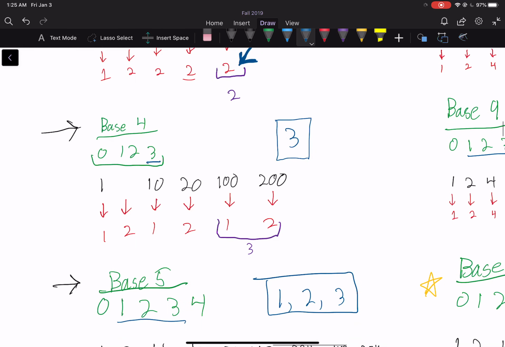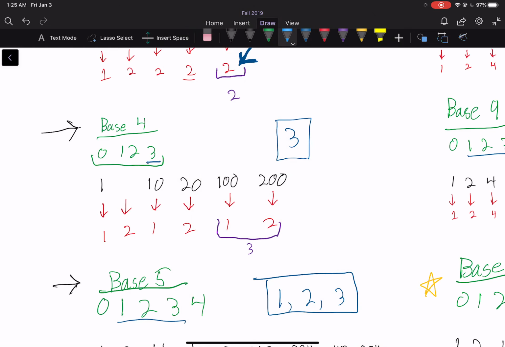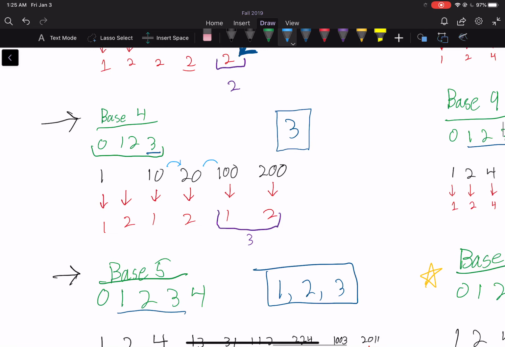So you'll see that pattern again right here in base 4. So we double each time. And I guess I accidentally erased it when I was erasing it from the previous time I recorded this video.